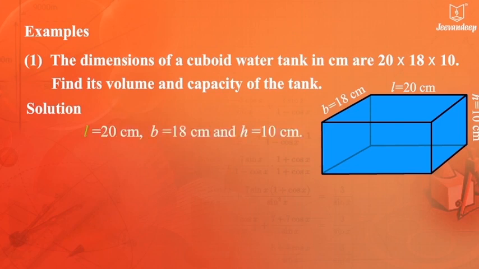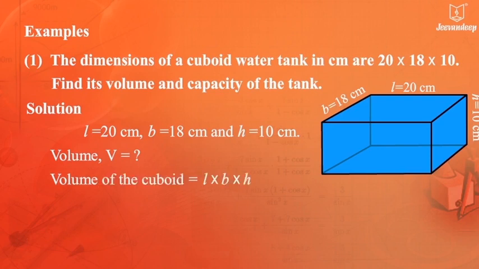L equals 20 centimeters, B equals 18 centimeters and H equals 10 centimeters. As given, volume V is to be calculated. Volume of the cuboid equals L multiplied by B multiplied by H.